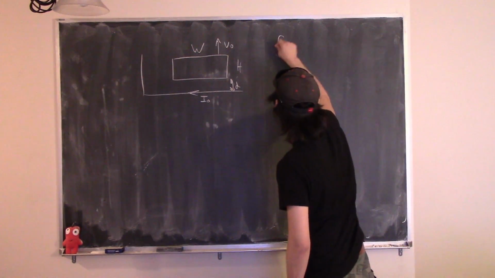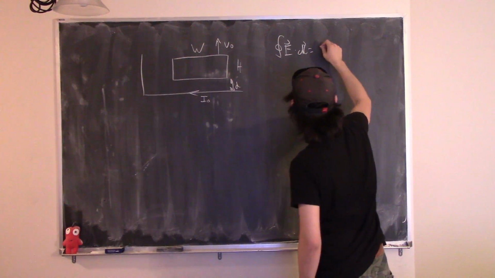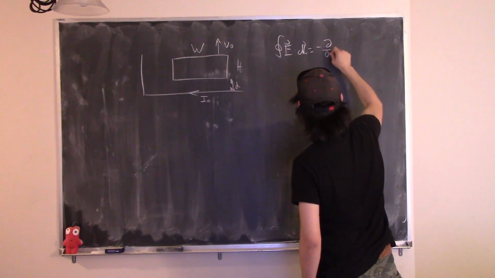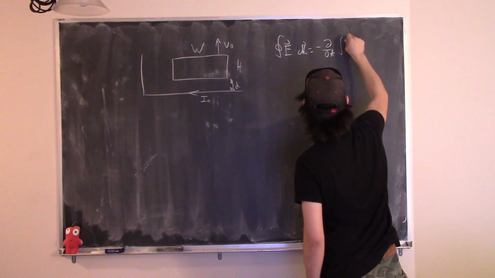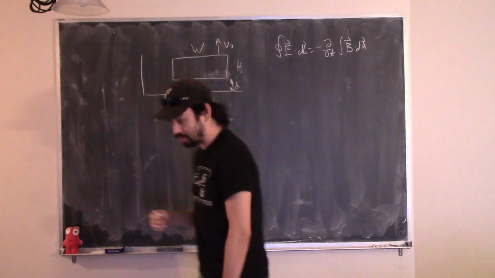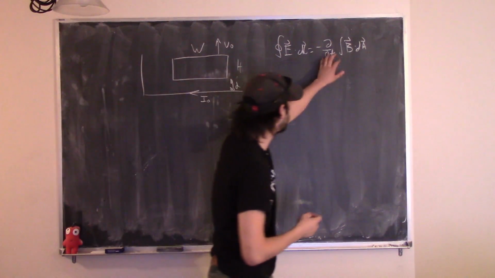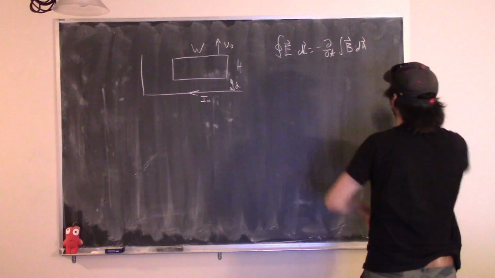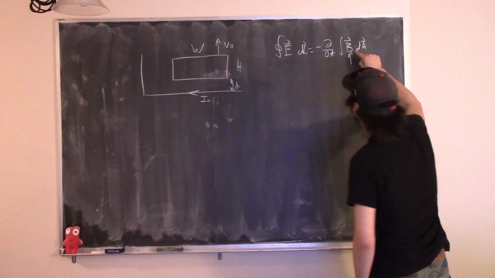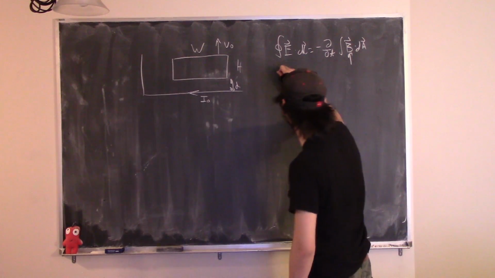So the integral of E dot dl is going to be equal to minus the partial derivative with respect to time of the integral of B dot dA. And so when we look at Faraday's law here, we realize that we're going to need to calculate what the time-dependent magnetic flux is here. So we're going to ultimately need what B is. And in order to do that, what we're going to do is apply Ampere's law.